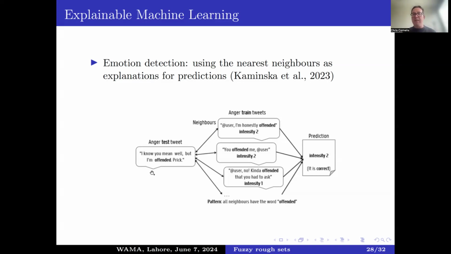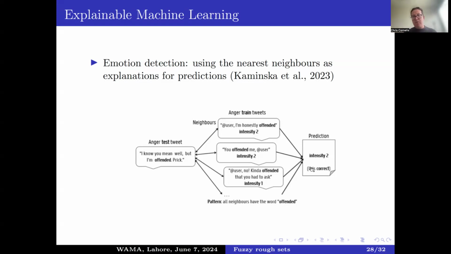If we look at the nearest neighbors in our training set, we will see that all of the nearest neighbors also have this word offended. And it actually helps us to explain why the prediction of intensity, anger intensity of 2 was obtained here. Now, if we compare that to a deep learning approach, it would also be able to correctly predict the level of intensity.